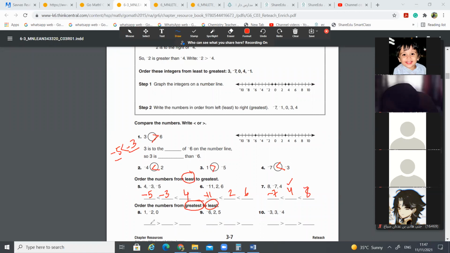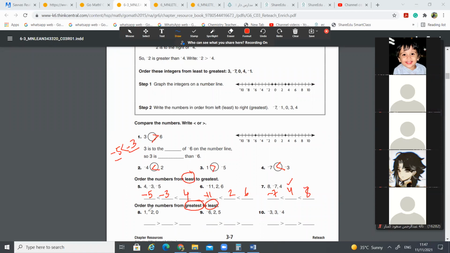What is greatest here? It's -2, sweetie. See the number line. 1 and then 0, you go this way. Then 0 and then -2. Okay? Next.